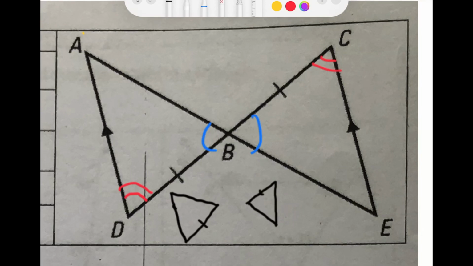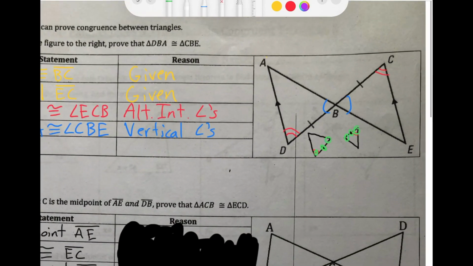We're told that this side and this side is congruent. We've got this angle and this angle congruent, and we've got this angle and this angle congruent. So we have angle, side, angle, angle, side, angle.